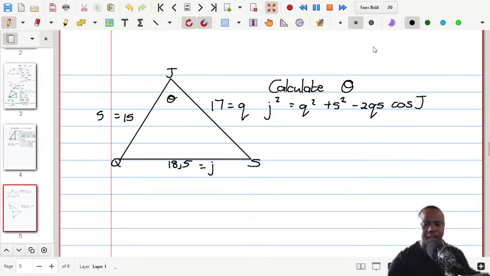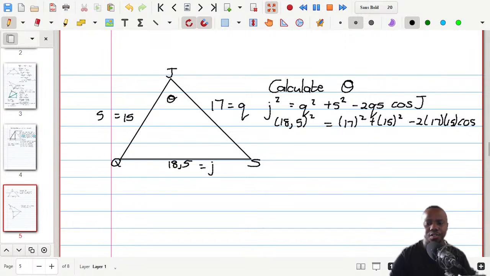Now, the value of J, this is 18.5 squared. This is equal to Q, which is 17 squared, plus S, that's 15 squared, minus 2 times 17 times 15 cos of theta.